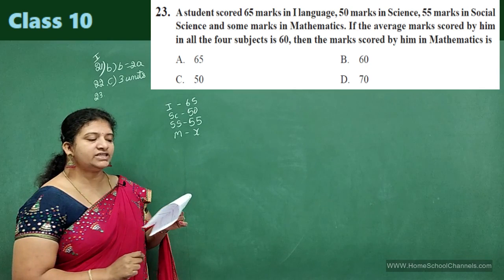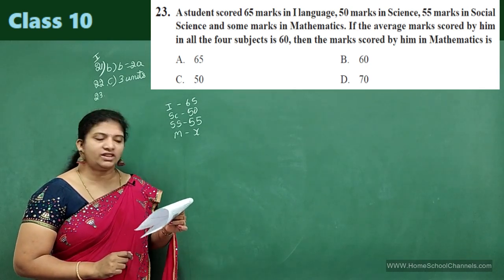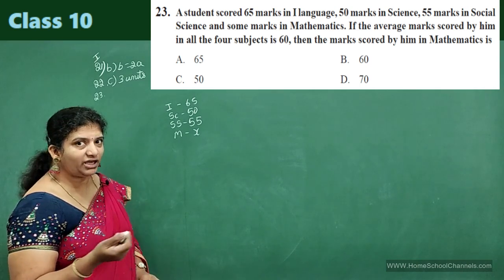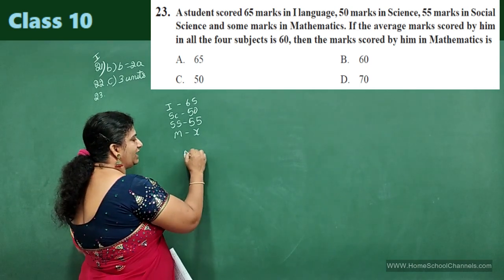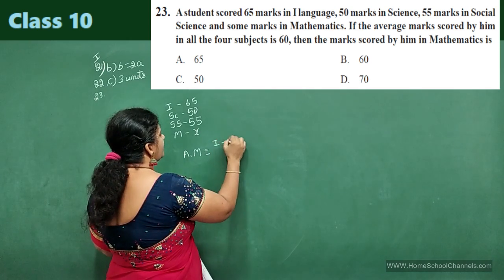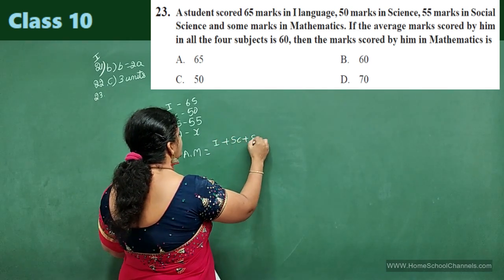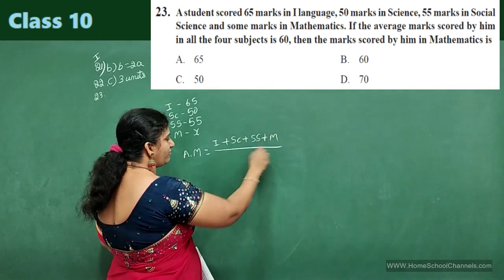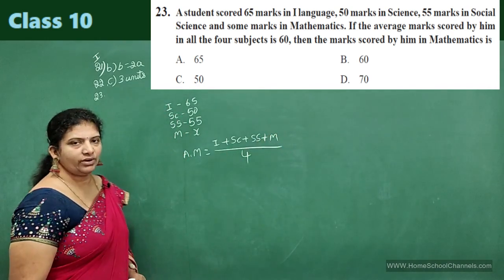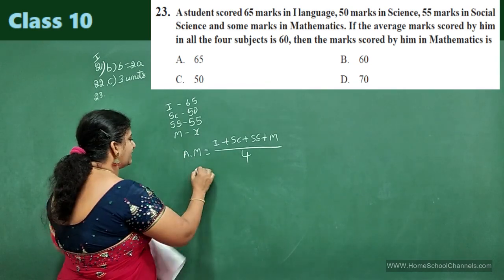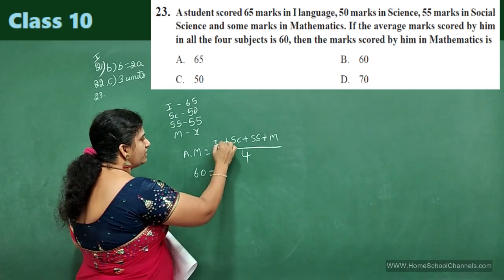If the average marks scored by him in all the 4 subjects is 60. Average, arithmetic mean. Arithmetic mean is equal to the sum of first language, science, social science plus mathematics divided by how many subjects you have here? 4. Average, arithmetic mean value already given, that is 60.